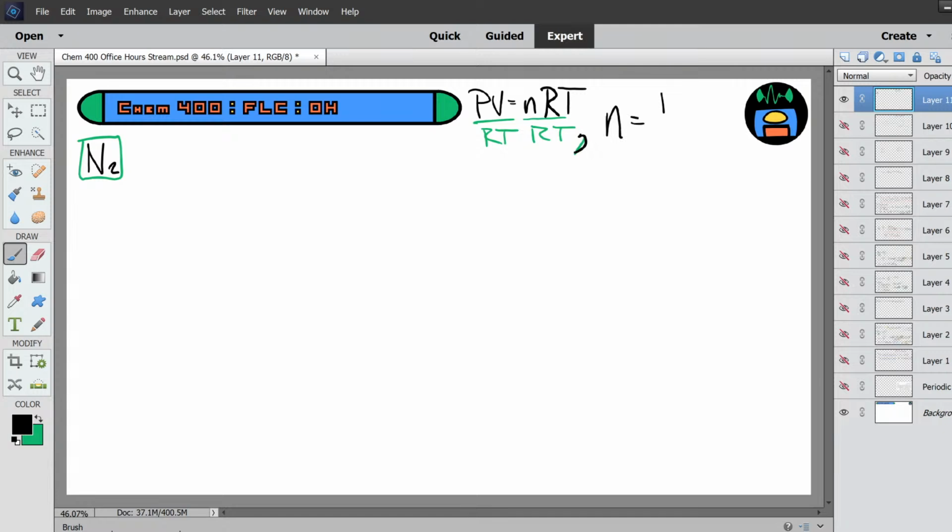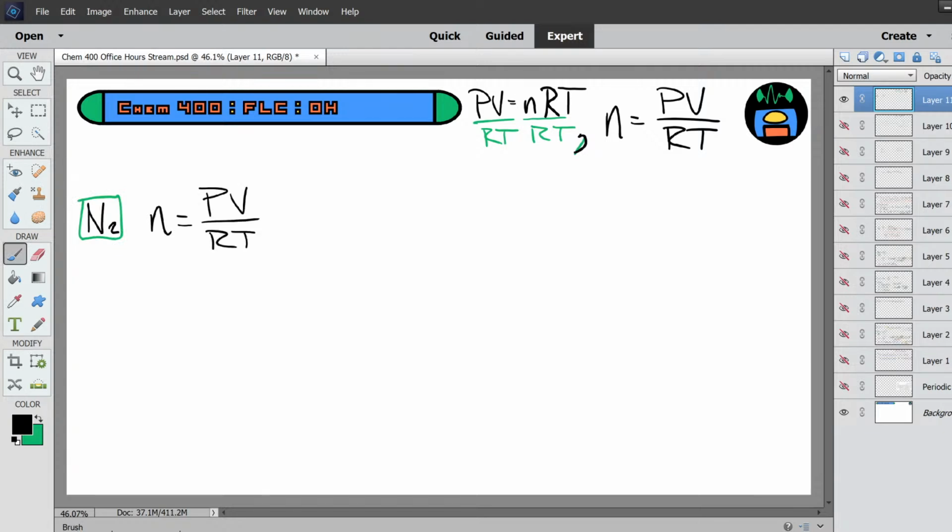Our moles of gas are equal to pressure times volume over the ideal gas constant times temperature. So we're going to use this equation, but I want to point something out. So n is equal to PV over RT.